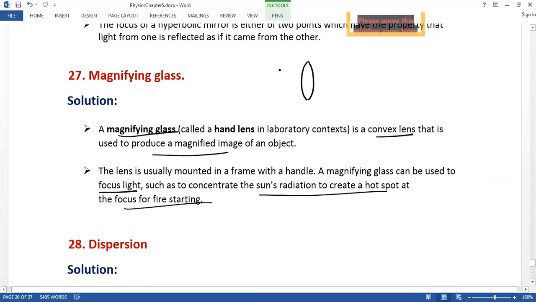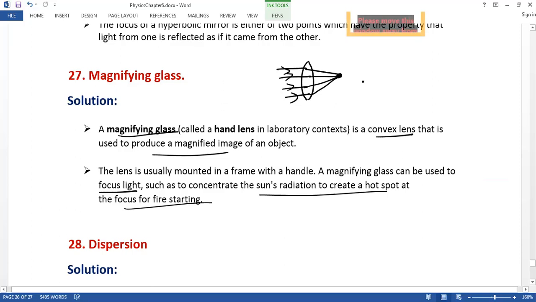When parallel rays of light pass through this magnifying glass, they all meet at a particular point that is called the focus point. At this focus point, a very high intensity of light is formed, and it can even catch fire and has the ability to burn.